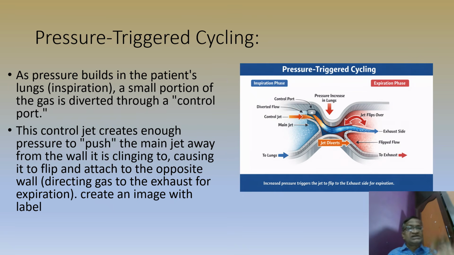Now we go to pressure triggered cycling. All these things are happening. What I want to tell you about is fluid logic ventilators, though now electronics completely dominate the field. In fluid logic ventilators, a small pressure increase in the lungs directs the jet towards the exhaust so that expiration goes like that.